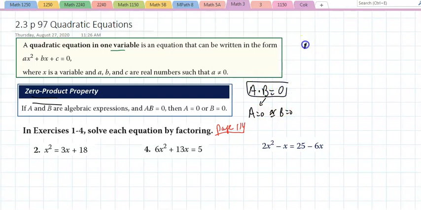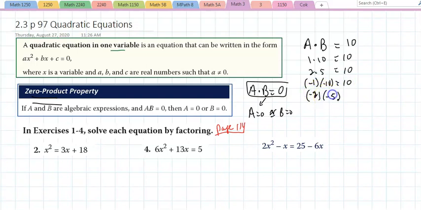If I told you A and B are numbers, and I said A times B equal 10, you could say 1 times 10 is 10, that works. You could say 2 times 5 equal 10. You could say negative 1 times negative 10 is 10. You could say negative 2 times negative 5 is 10.